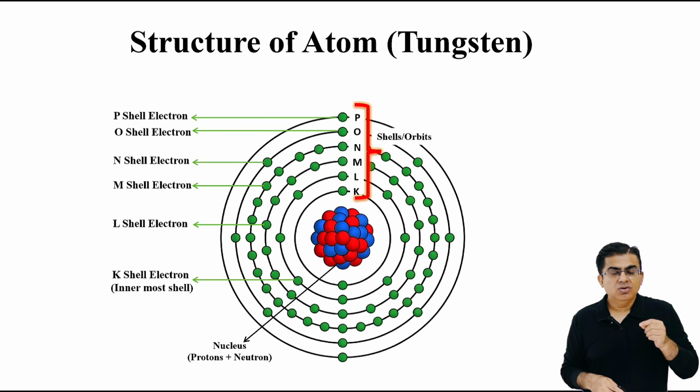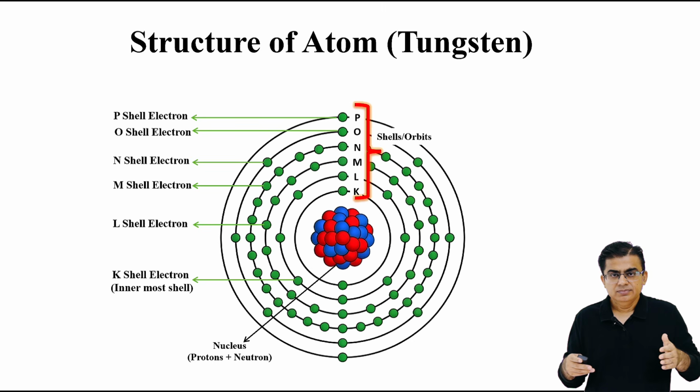Instead, we must look very closely at the negative orbital electrons. Notice how they are perfectly arranged in their specific energy shells. You can clearly see the innermost K shell followed by L, M and N shells as we move outward.